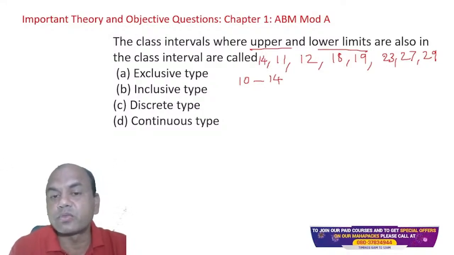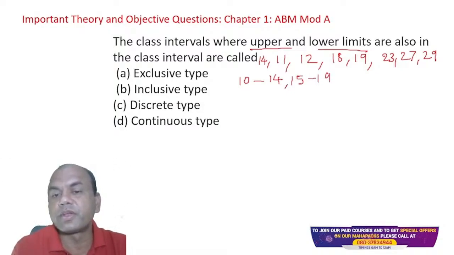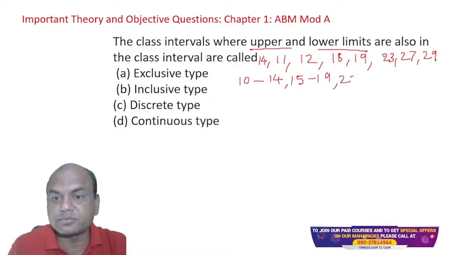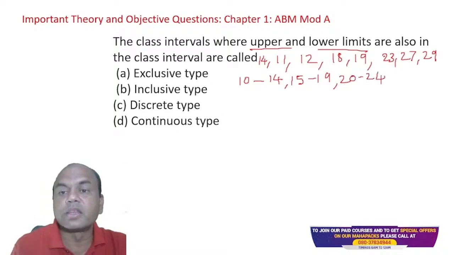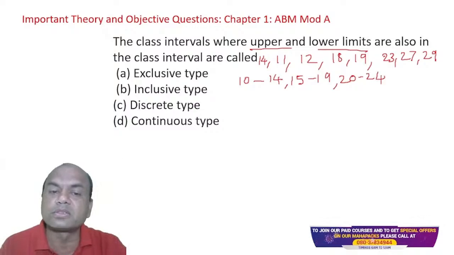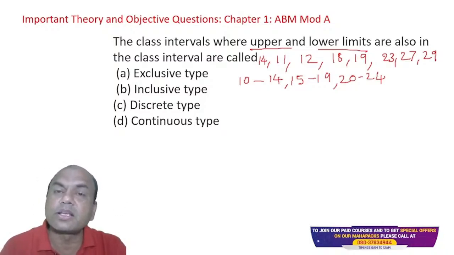So this is 10 to 14. Then next one is 15 to 19, both included. Next one is 20 to 24. Now this class, where both upper limit and lower limit are included, is known as what? This is your question. If this is included, what is the other one?